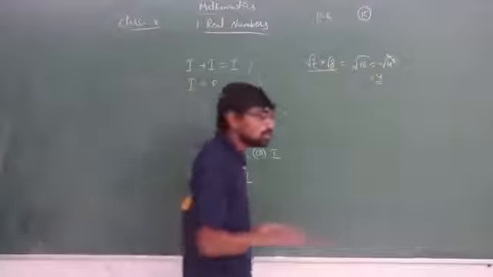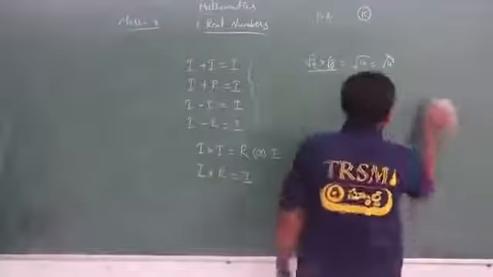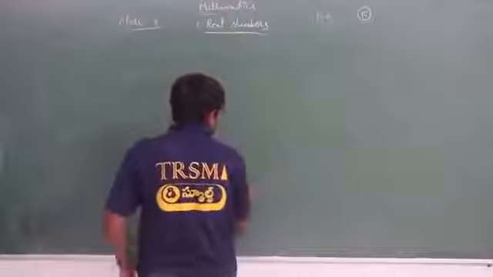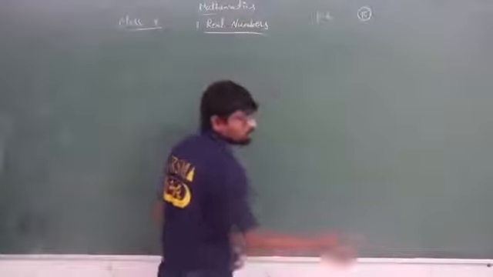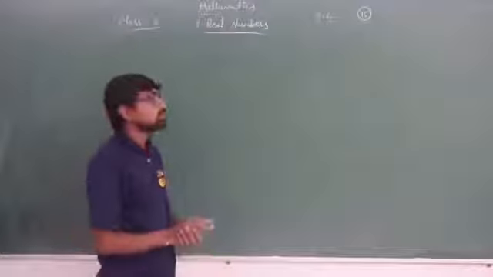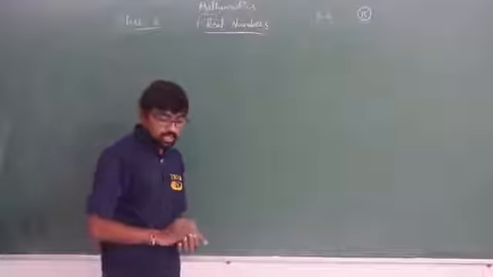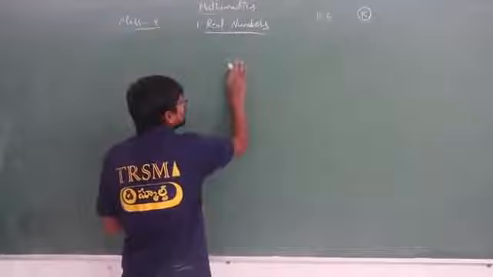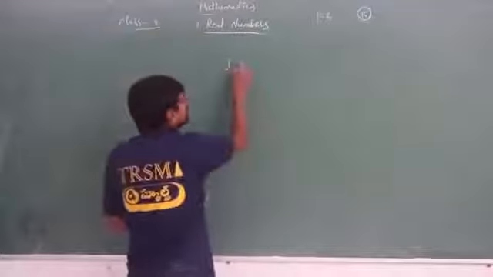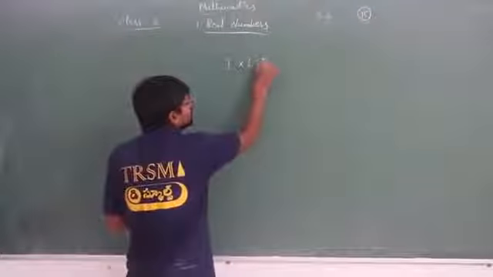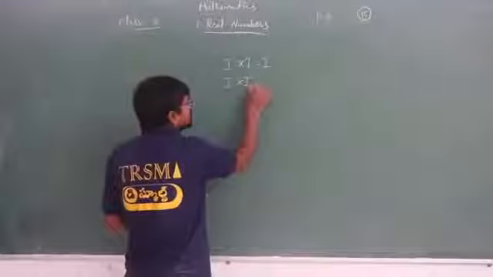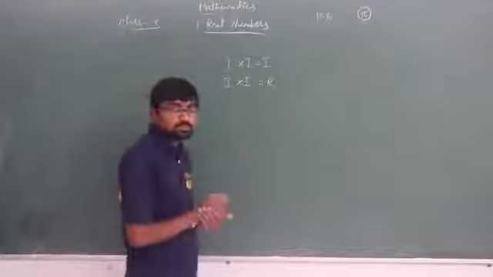He may be giving the question. We will be having one question. He can ask in the final question paper. The question is: show that product of two irrationals is irrational and product of two irrationals is rational.